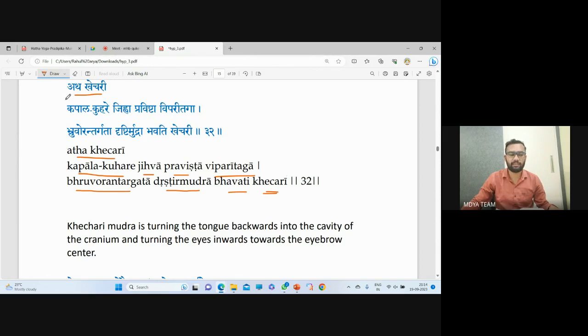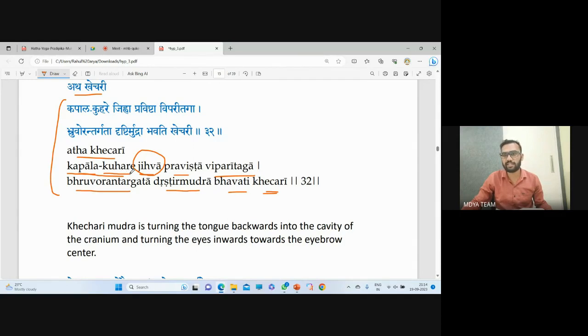In that practice where we enter our tongue, jivhaya, it is the exercise of the tongue. We also call it, in short, tongue exercise. Kapal kuhare: kuhare means foramen.